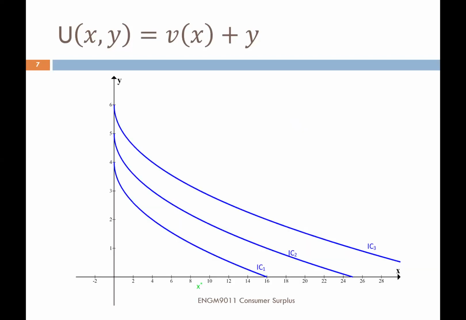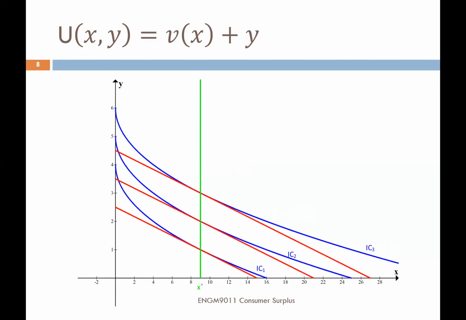So here's what it's going to look like. Here's an example of a quasi-linear indifference curve. What we're saying is pick a particular X. I picked X star here, looks to be about 9. Let's look at all the bundles X, Y where X is equal to 9. That's just the vertical line up from X equals 9. For quasi-linear utility, if you take the slope of the indifference curve at each of those bundles, they'll all be the same.